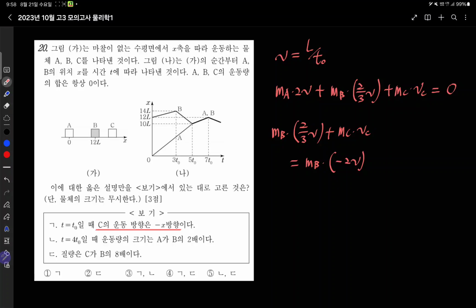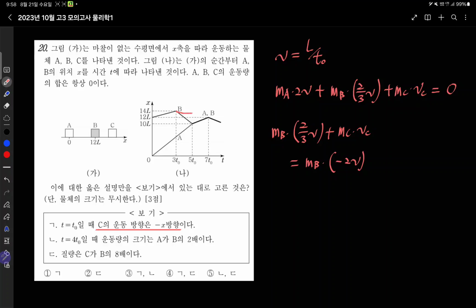And the velocity of C after the collision, we can find from this graph. Between the first collision and the third collision, C was also moving.